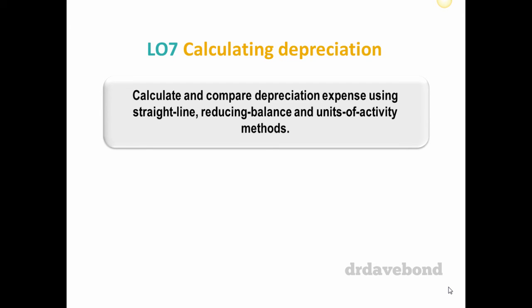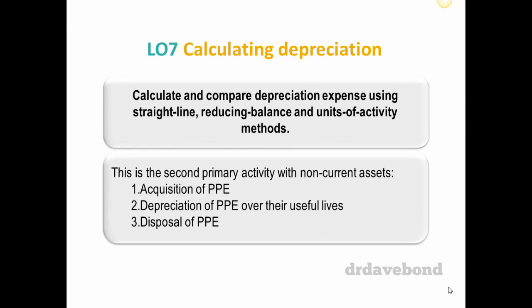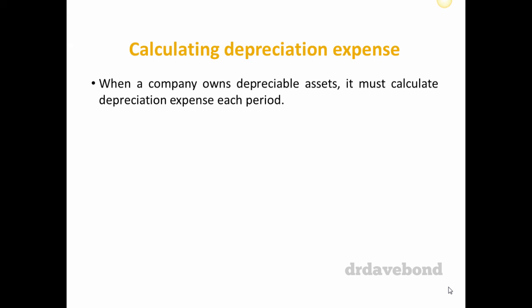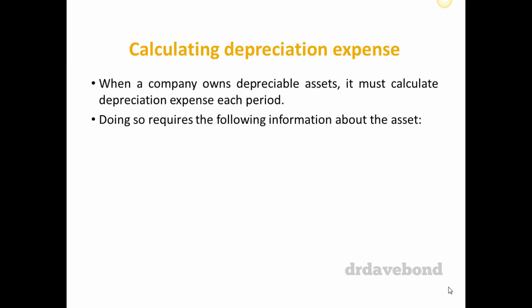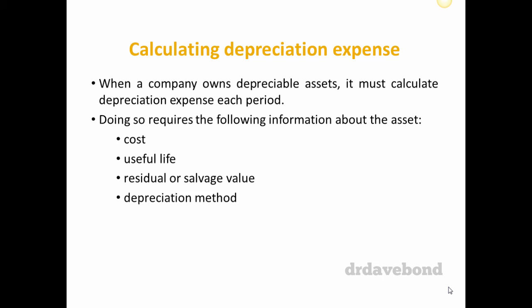So calculating that amount. It does this over a period of time. You need cost, useful life, residual value, depreciation method. So let's map this out for that truck. There are 4 things we need.